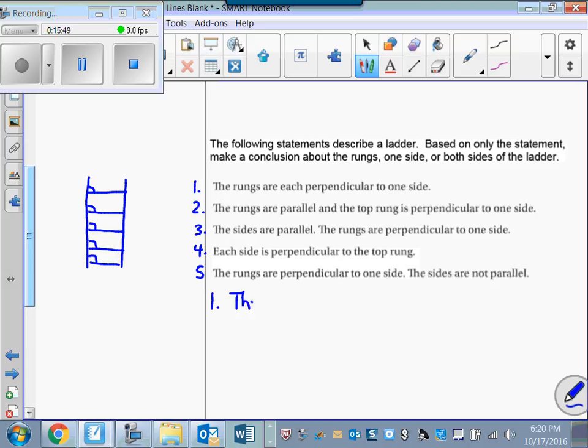I know the rungs are parallel to each other. And how do I know that? Because in a plane, if 2 lines are perpendicular to the same line, then they have to be parallel to each other. So that's how you want to go.